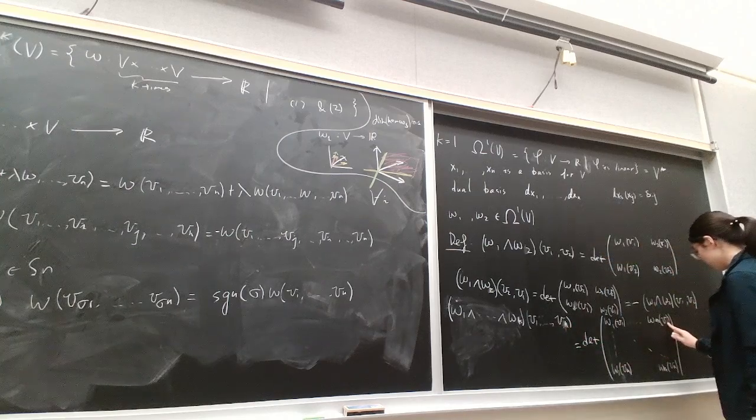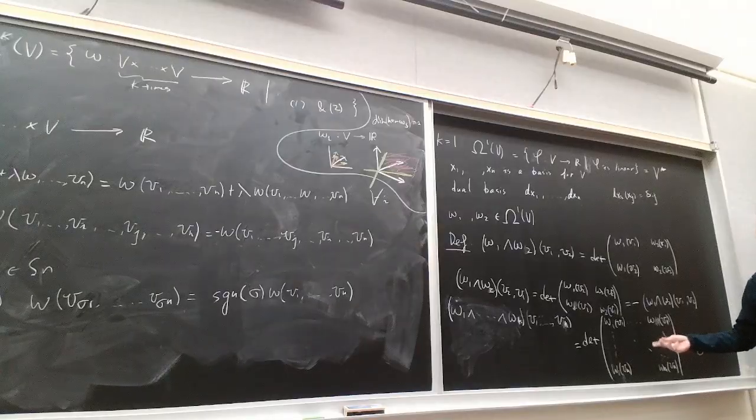This is indeed a k-form because the determinant is alternating and multilinear.